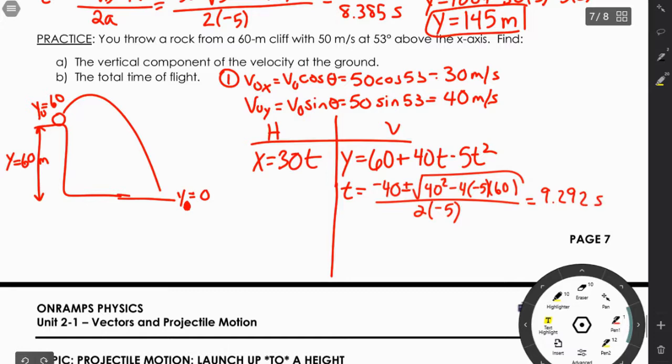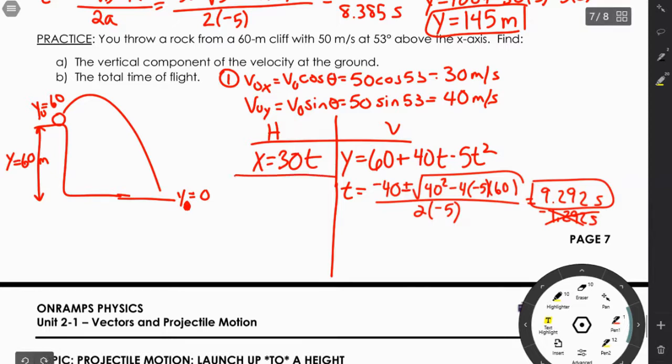That will probably be our positive answer. So we get 4 minus 2 root 7, and our negative answer would be negative 1.292 seconds. Again, disregard that point. And so here's our total time of flight, our answer to part B.